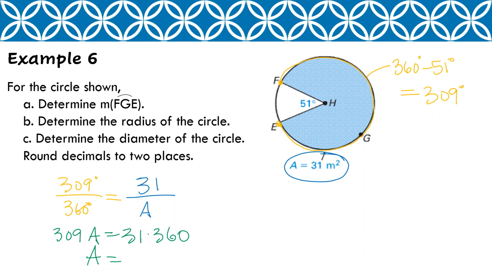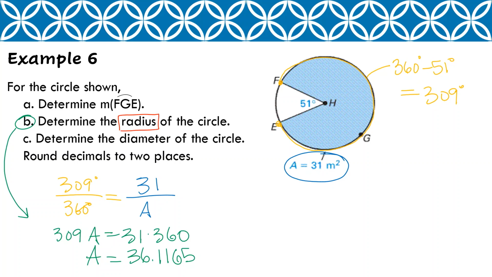And we will get 36.1165. I'm going to keep some extra decimal places for rounding error in my next step, because my next step asked me to find the radius of the circle. So I need to keep going.